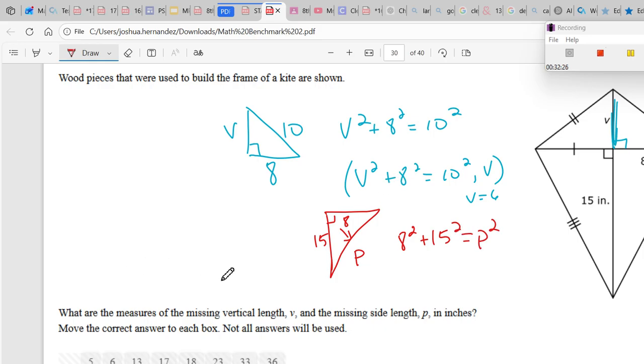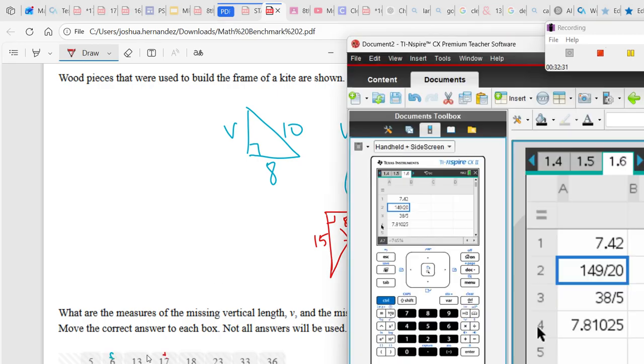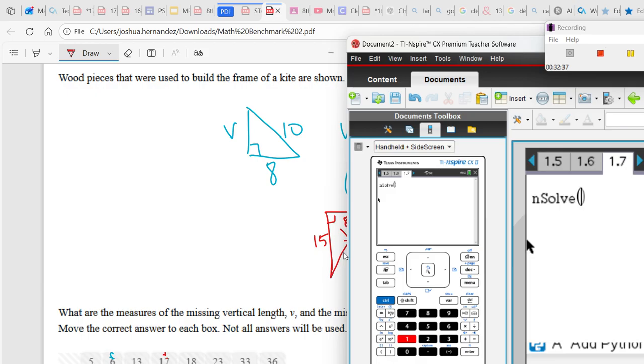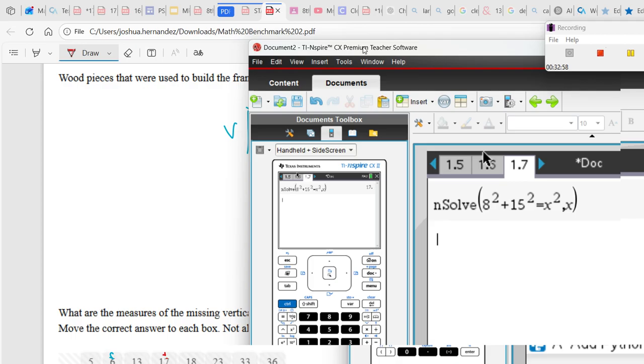I think that's the second most famous one, 8, 15, and 17, I believe. Let me double check that. Calculator page, menu 3. I'm going to type 8 squared plus 15 squared equals x squared, comma x. Enter. And it is 17. Yes. All right, we'll take a pause there.